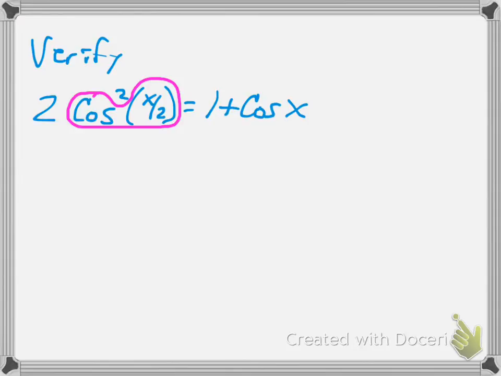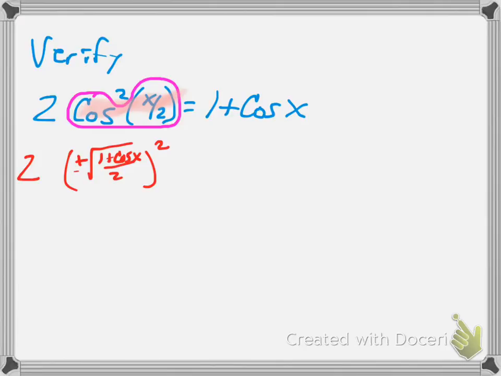And that's on my Courtney Pierce. So the first thing I'm going to do is change that to what it is on the Courtney Pierce, which is plus or minus root 1 plus cosine of x over 2.